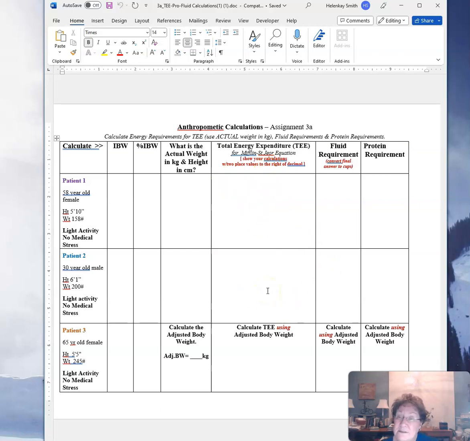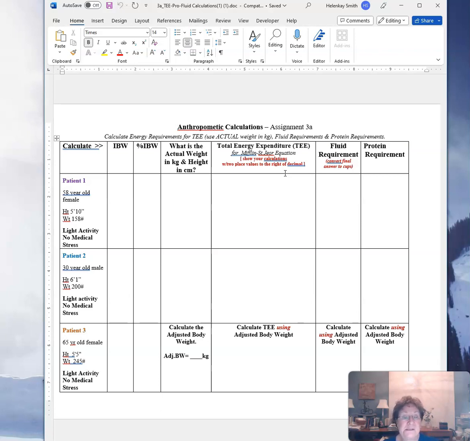Please don't write in by hand or pencil. It's very, very hard to see a scanned document in here. So you might want to do this on scratch paper and then type the information in here. Show your calculations with two place values to the right of the decimal, so you're not rounding up at this point. Do your calculations clear through to the end of the formula with those two extra place values.